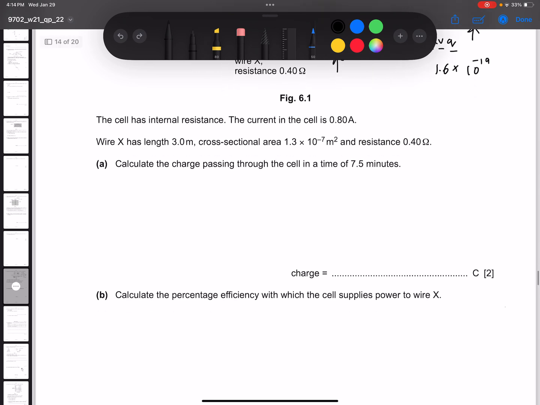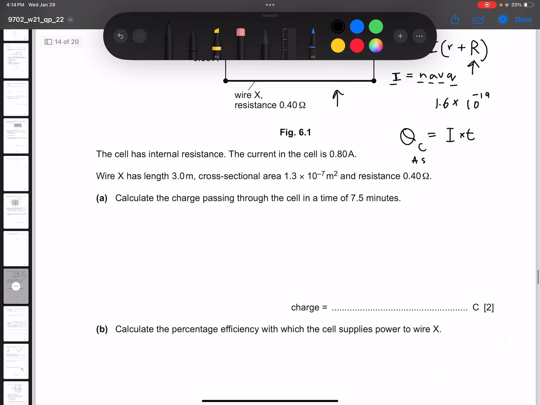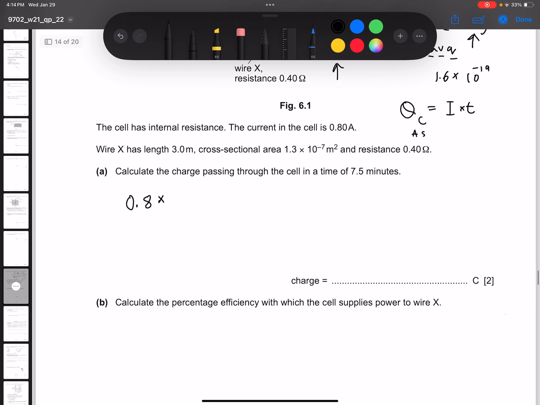The formula of charge, which is in coulombs or amp seconds if you want to say in base units, equals current times time. So we have the current in this wire, that is 0.8, times the time. My guess is, why is this 2 marks? This seems pretty straightforward.